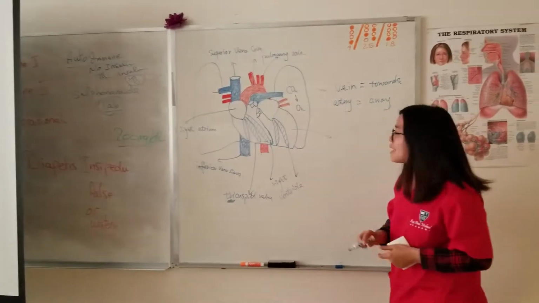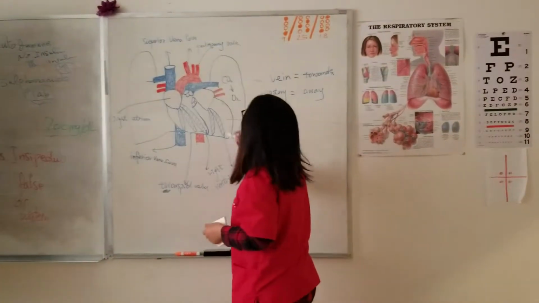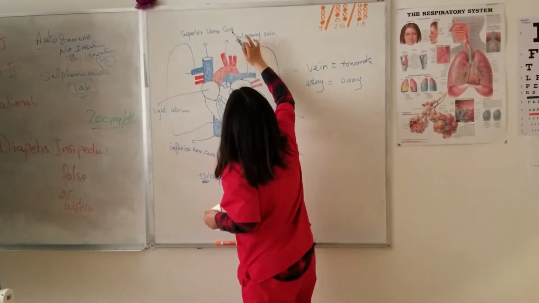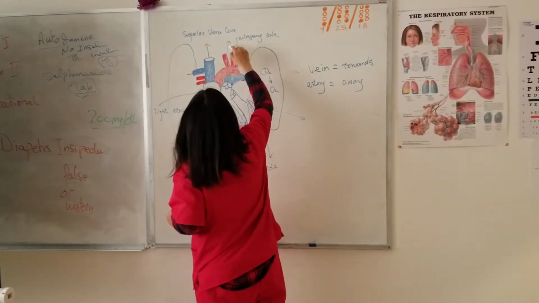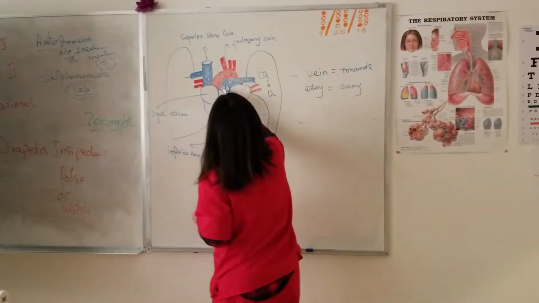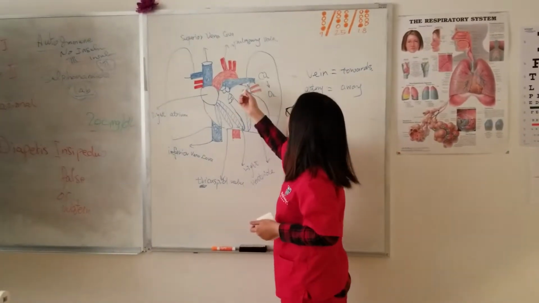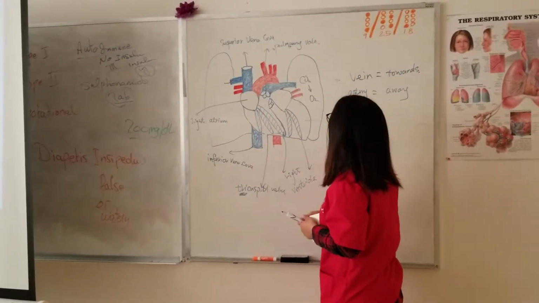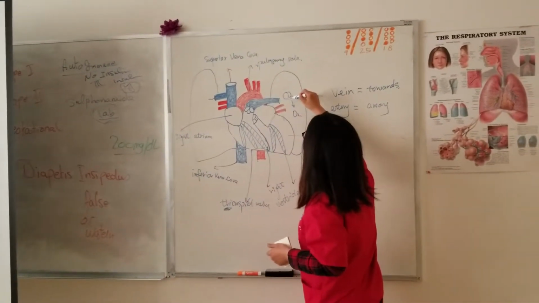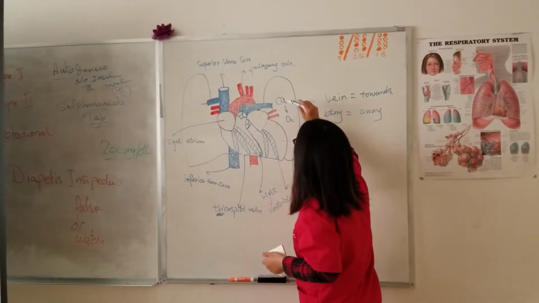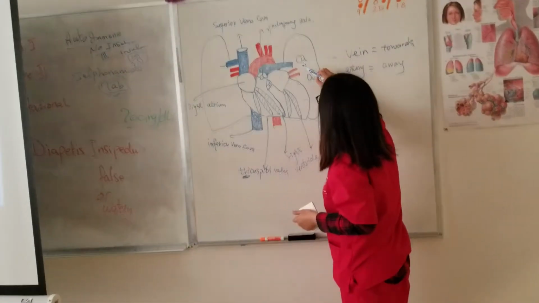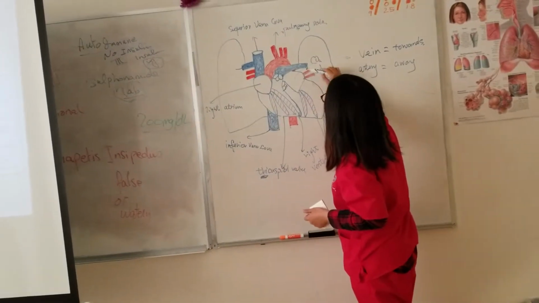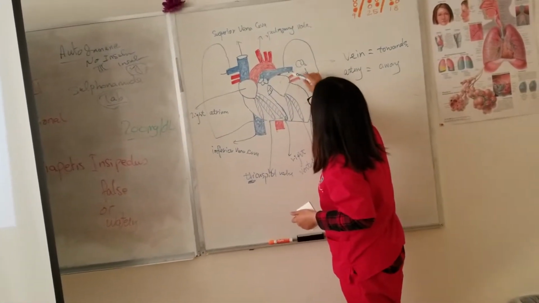Pulmonary, we know, means lung, right? And then the blood, oh sorry, not this one, this one, goes to the 2 lungs, the right lung and the left lung, and they get some oxygen and get rid of the carbon dioxide, and the blood goes back to the heart.